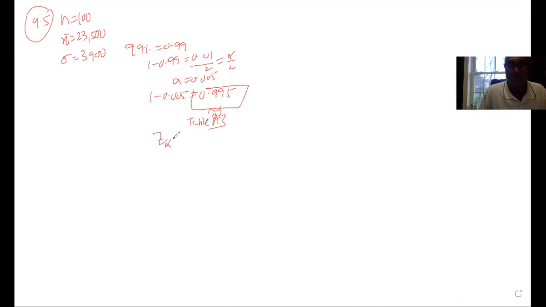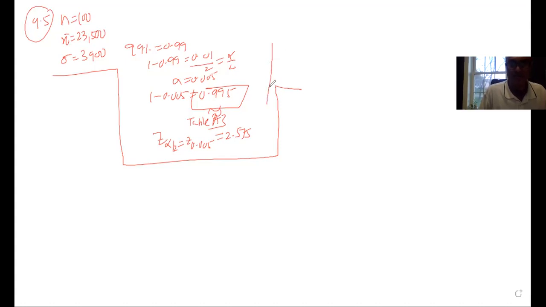So z alpha by 2 is equal to z 0.005, that is equal to 2.575. Right, guys? 2.575. And now, using this information, I'm going to answer my question A. So what does part A say?